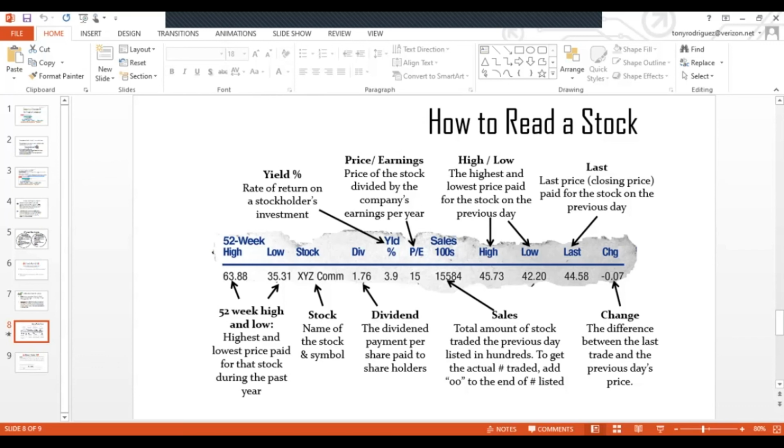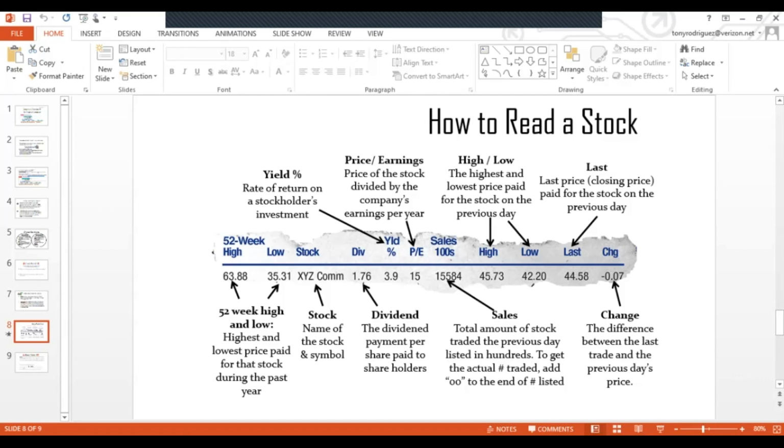All right, right here where it says sales in the hundreds. Okay, let me read to you what this number is. It's actually an abbreviated number. If you wanted to look at how many shares of this stock were sold yesterday, this is the amount, but it's an abbreviated number in the hundreds, right? So this number shows you the total amount of stock traded from the previous day listed in the hundreds.